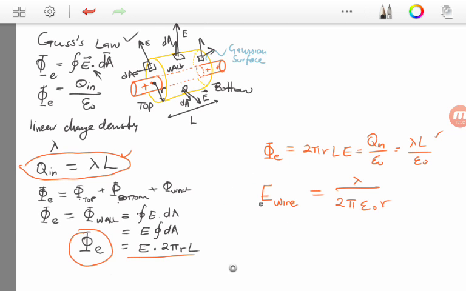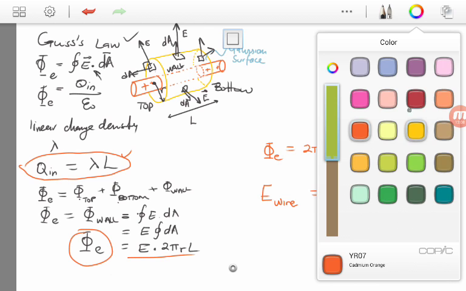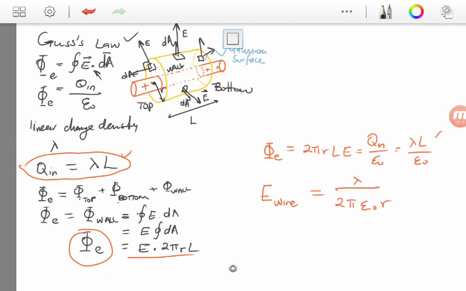So this is our final answer. The electric field due to a long wire is equal to the linear charge density divided by 2π ε₀ multiplied by the radius of that cylinder.